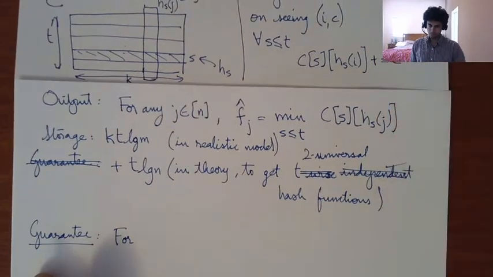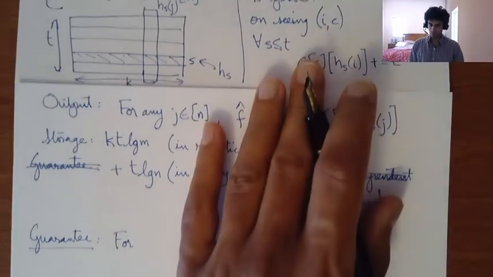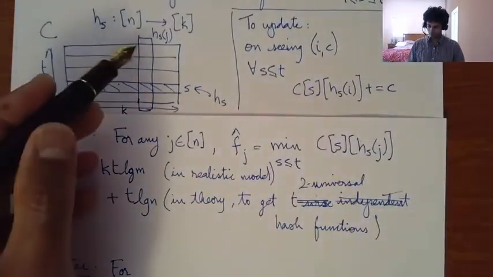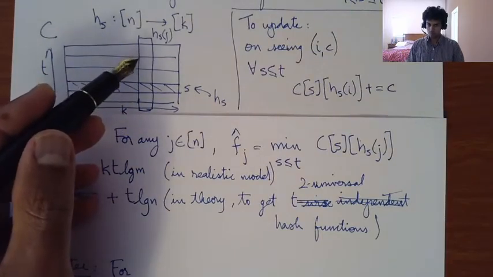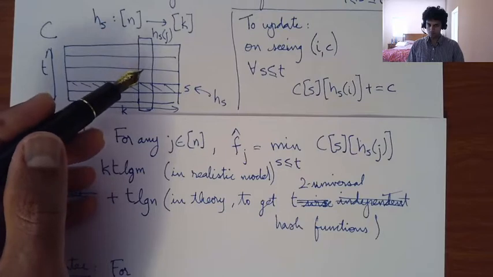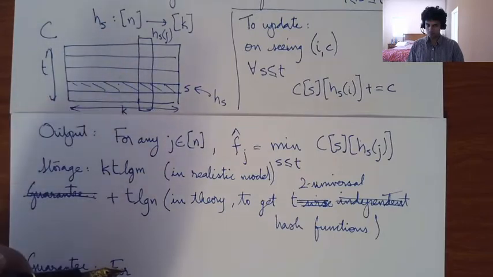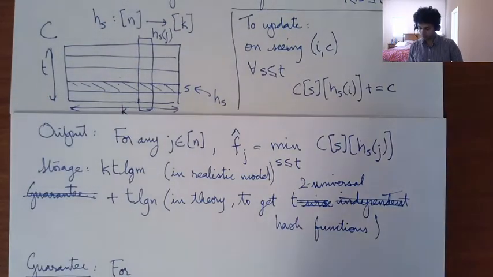In the picture, you drew a column to represent what you're taking the min over. Am I correct in thinking that it might actually be all over, because you're taking hashes of that element? Sorry, say that again? You are taking the min over all the rows, but you have different hash functions for each row, so it's probably not all going to be in the same column.